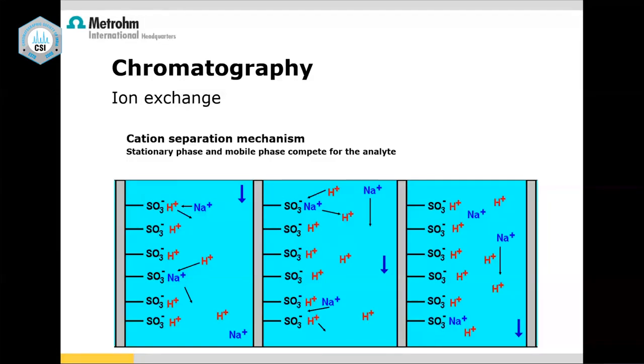That means a column with sulfonic acid groups. Normally in chromatography, we flush the column with mobile phase and expect the baseline to stabilize. Here it is the same. When the baseline is stabilizing, all the ion exchange sites are filled with H plus ions, so your baseline conductivity is going to be constant.